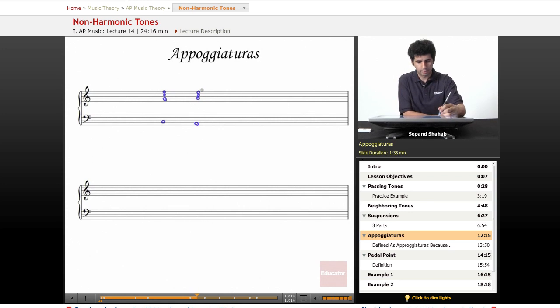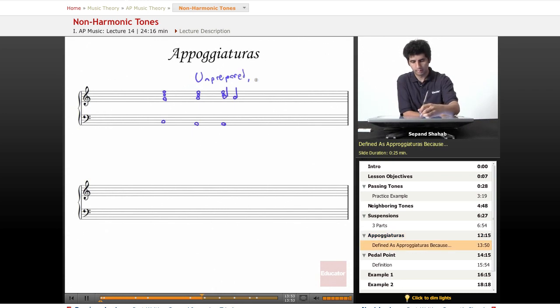So if, for instance, I was going to introduce a non-harmonic tone above this A, what I could do is write a B here moving down to an A. And so this coming from this G is jumping up to a B and then down to an A, so it's defined as an appoggiatura because it's unprepared and not by step.